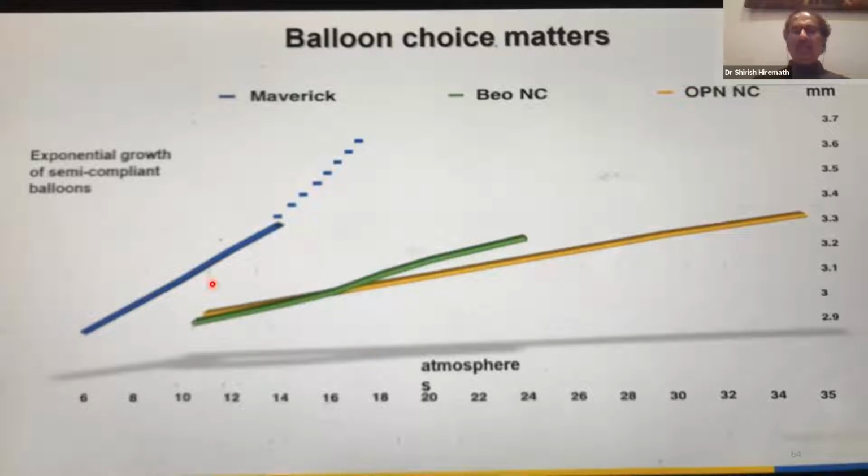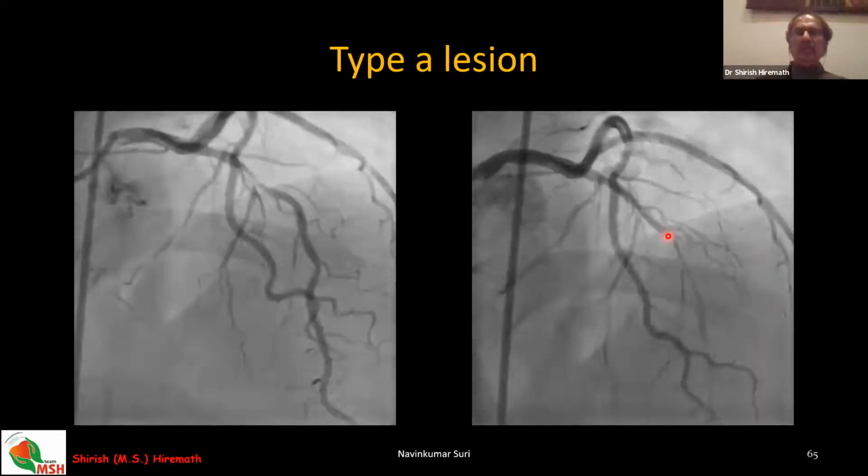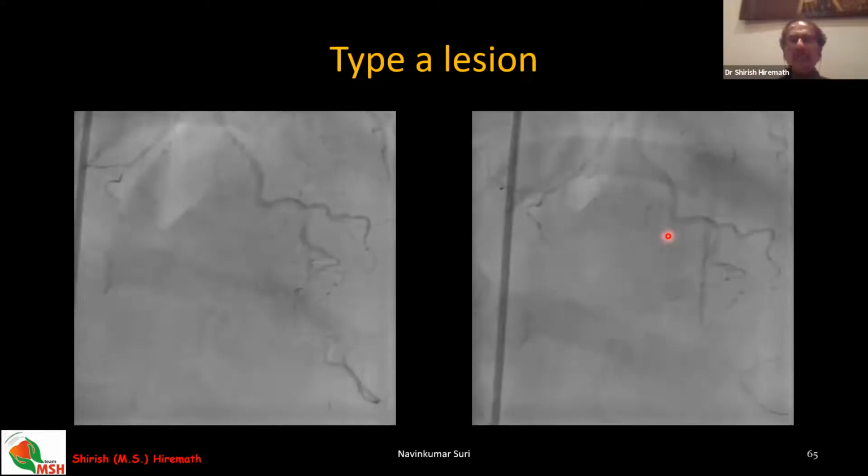The non-compliant balloon grows in size. The semi-compliant balloon does grow, but much less compared to a non-compliant balloon. And the OPN NC balloon hardly grows in diameter. So this is one reason why the OPN balloon does not perforate the vessel.